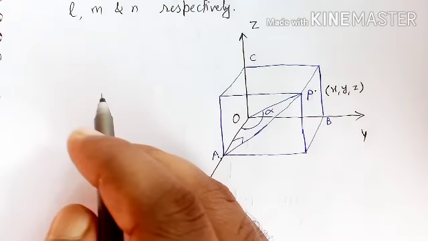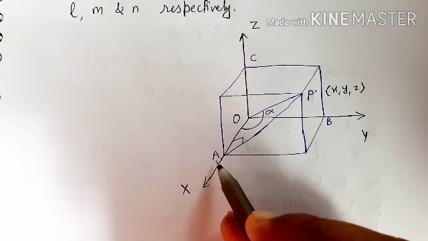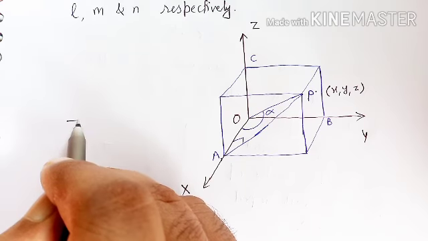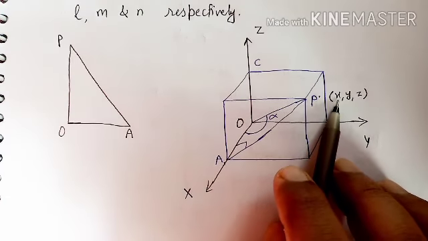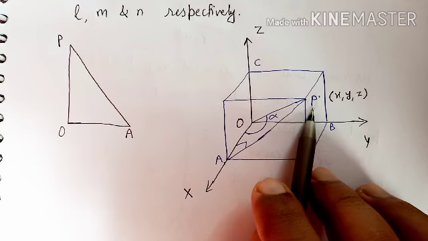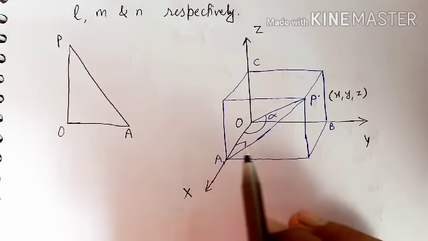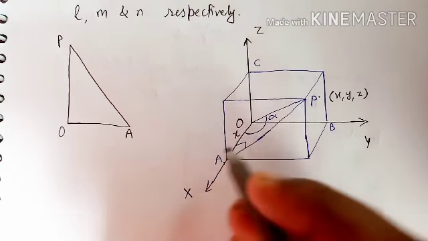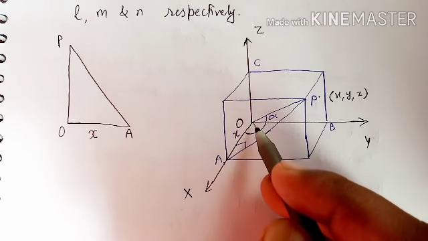Then we can make the diagram for this triangle OAP and this gives us, we know the x coordinate of P is the distance along x axis to A. So OA is equal to x.